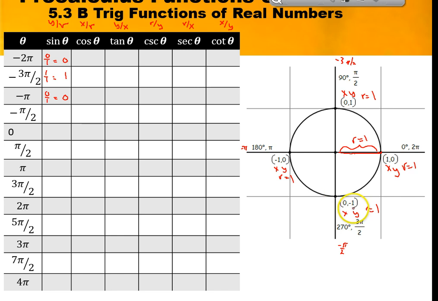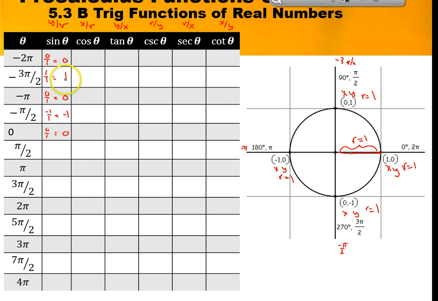And it's y, which is negative 1, over r, which is 1, so negative 1 over 1, which is negative 1. And then 0, now instead of going clockwise, we're going to go counterclockwise because all the rest are positive. So 0 is y over r, so y is 0 and r is 1, so 0 over 1, which is 0.